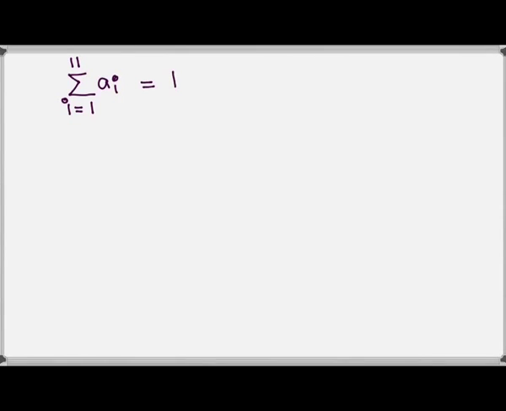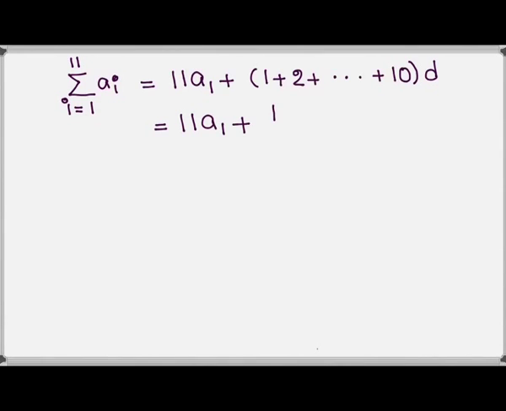This is equal to 11A1 plus 1 plus 2 plus so on and so forth up to 10 into D. So this is 11A1 plus 10 into 11 divided by 2 into D. So this sum turns out to be 11 into A1 plus 5D.